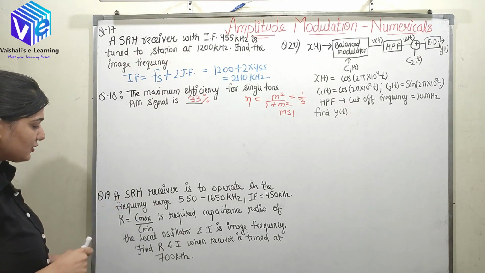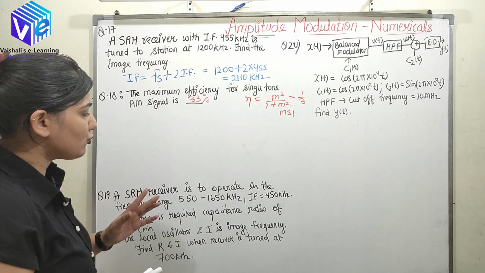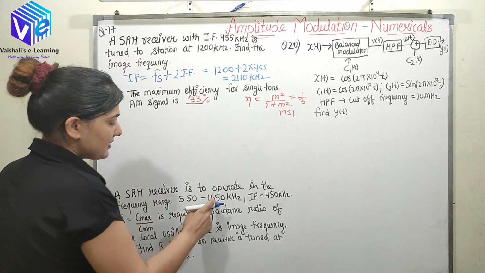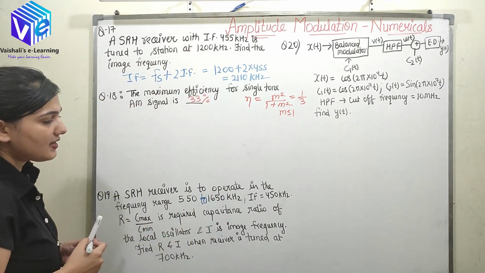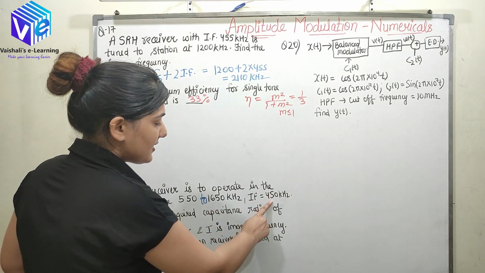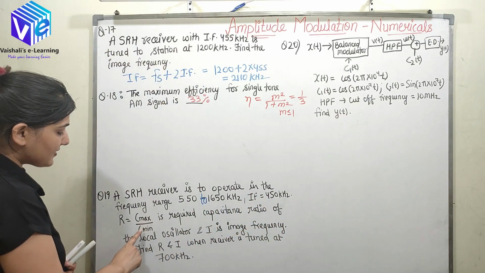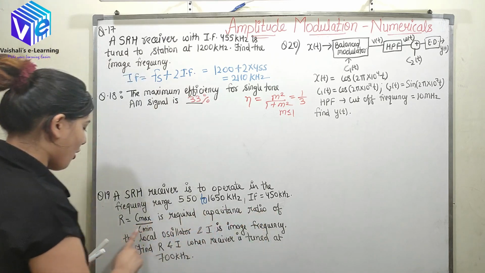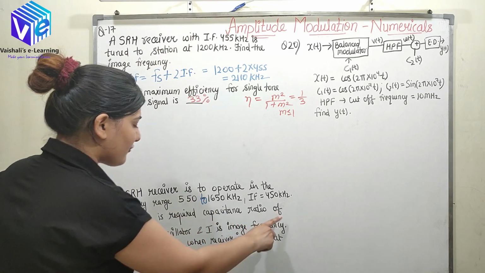Now coming to the next question, it states: a superheterodyne receiver is to operate in the frequency range 550 to 1650 kilohertz. Intermediate frequency is 450 kilohertz. R is Cmax upon Cmin, the required capacitance ratio of the local oscillator, and I is the image frequency.